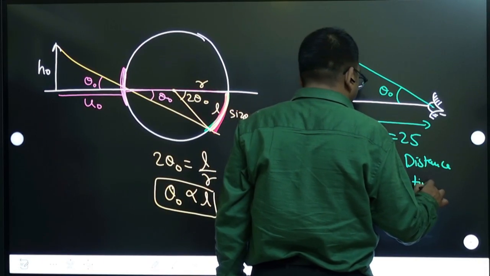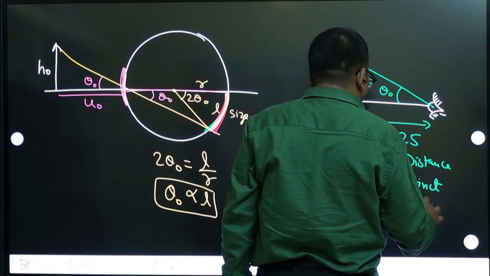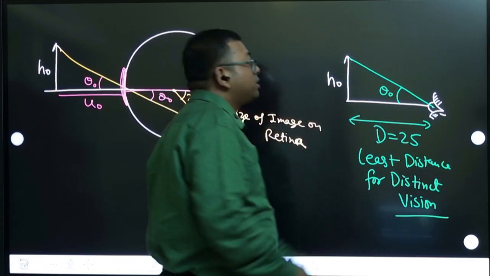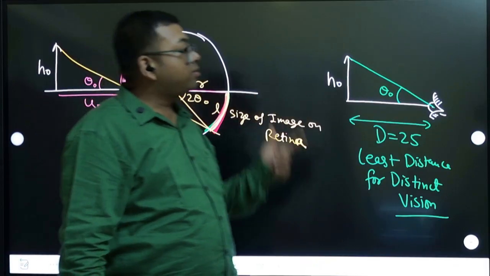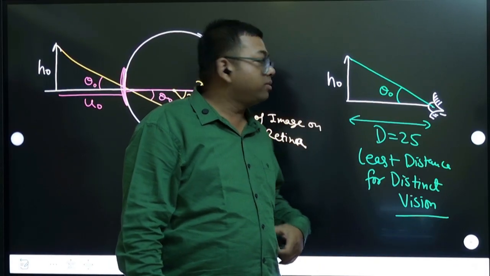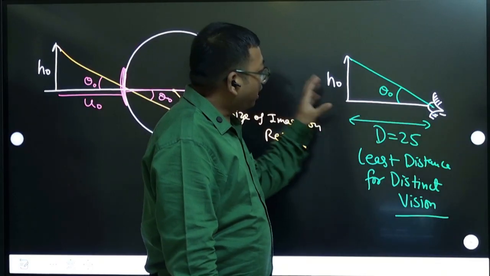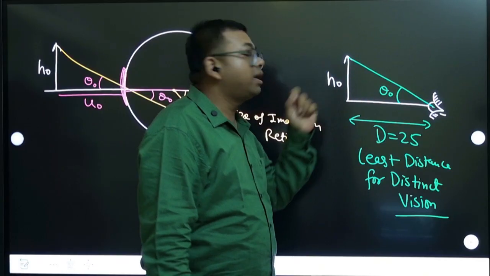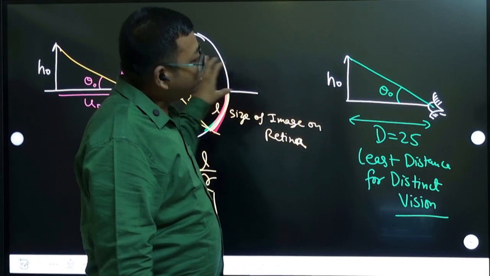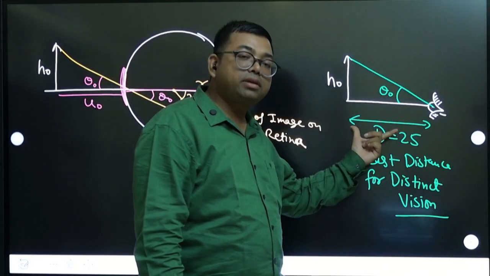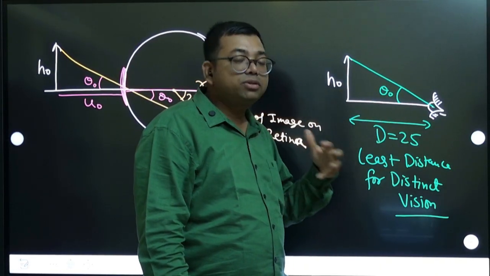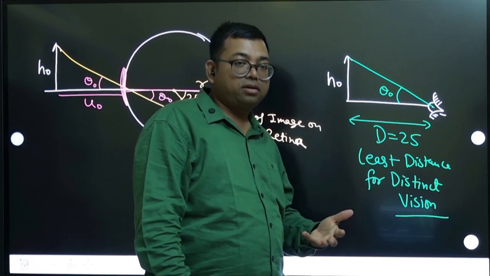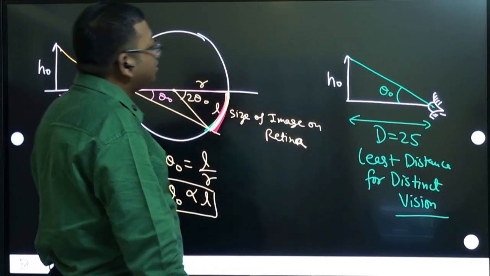We cannot bring it closer than this because then our ciliary muscle will not work. Why keep it here? So that a larger angle will be there. You can keep it away also, but then the angle will decrease and the image on the retina will not be that clear. That is why optical instruments are used.